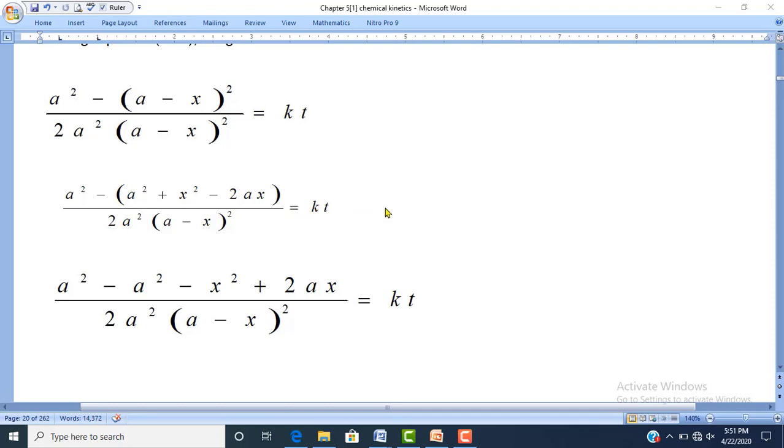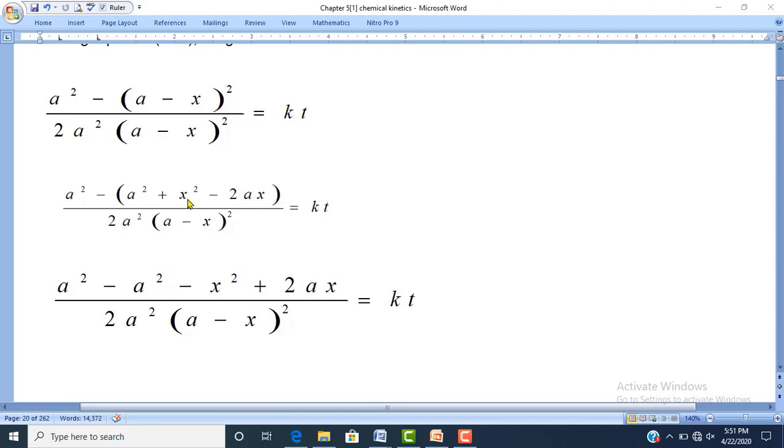This is a simple mathematical rule: if there is a negative sign before a bracket, then the signs inside the bracket are reversed. So here we rewrite the equation with the changed signs. The equation will be a square minus a square minus x square plus 2ax. Here you can compare both equations: here a square is positive, here a square is negative.